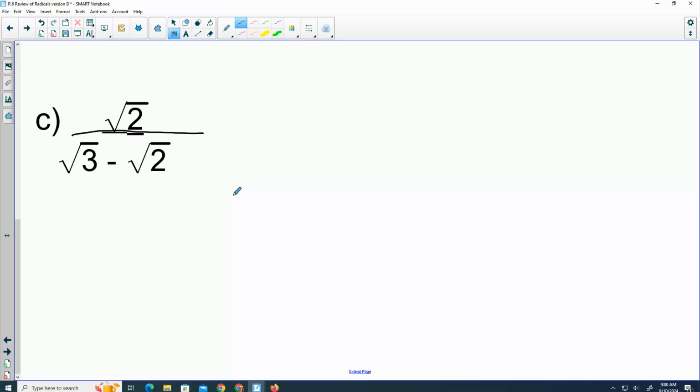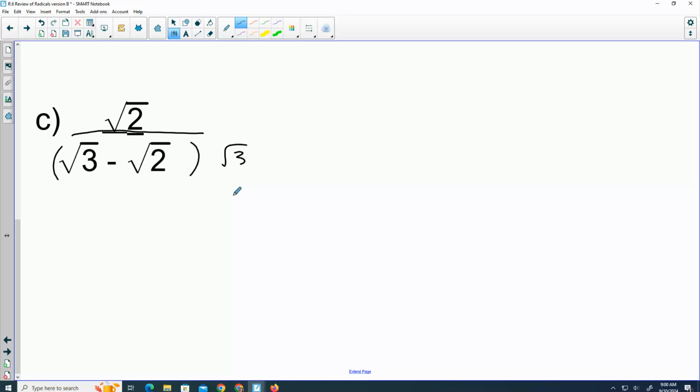If I just multiply by a square root of 3, that would fix part of my problem. It would give me a square root of 9 minus the square root of 6, and I can do the square root of 9. But it didn't get rid of my other square root, did it? Okay, if I multiply by a square root of 2, would that fix it? No. It'll get rid of this one, but not that one.